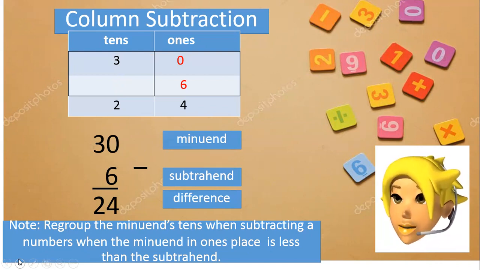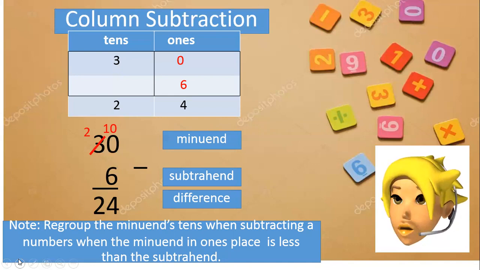Before we proceed in subtraction, let us regroup our minuend tens, which is 3 tens. Let us regroup into 10 ones and 2 tens. Our 10 ones, let's add this to our digit in the ones place. It becomes now 10, and our 3 tens becomes now 2 tens.